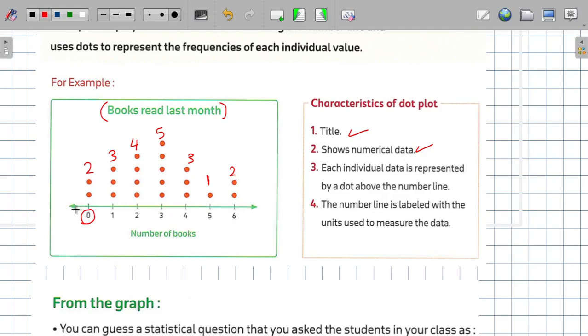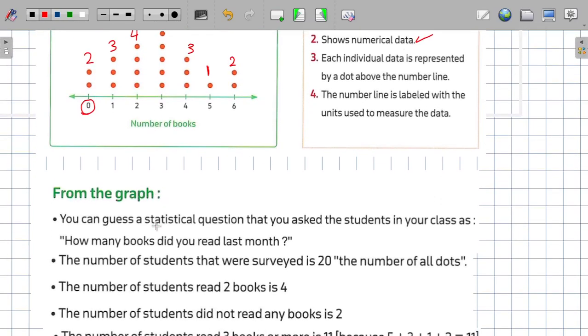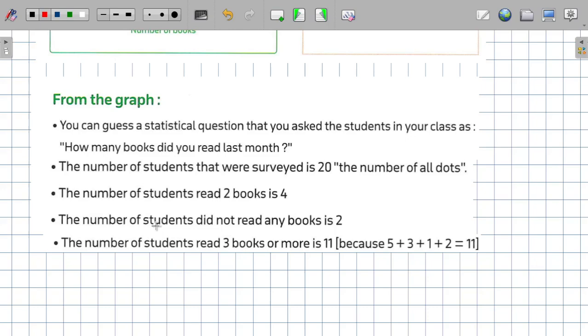So I draw a number line with the same equal distance between every two numbers to represent my data.